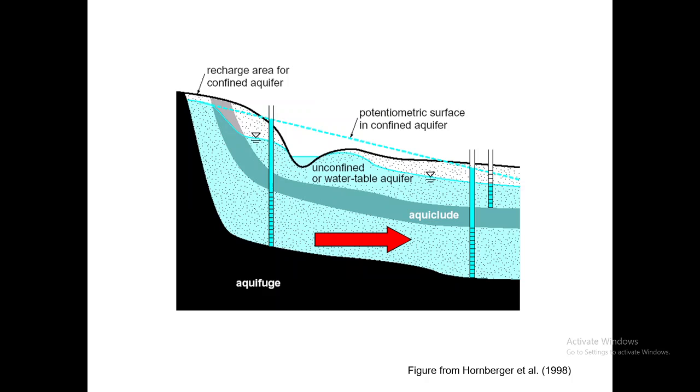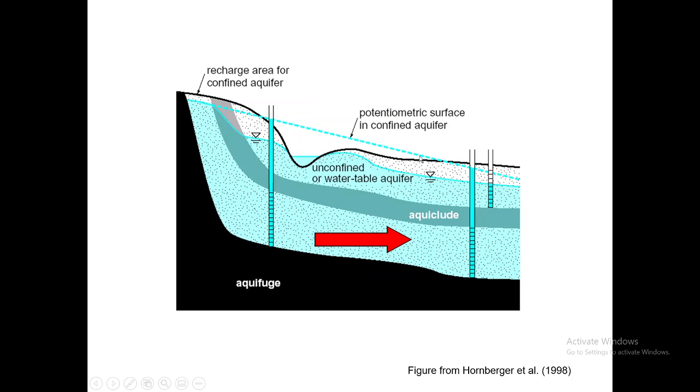And this is another description, and you can find unconfined aquifer as well in this case. Again this is the recharge area, and then this is the potentiometric surface for the confined aquifers. This is the level up to which the water has the capacity to rise, and this is the unconfined aquifer, which has a water table level with the atmospheric pressure.